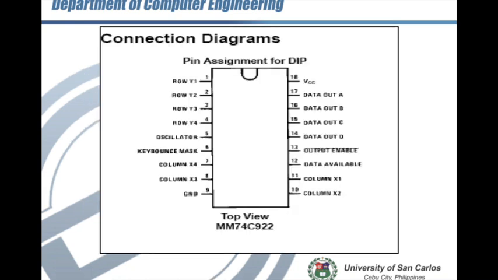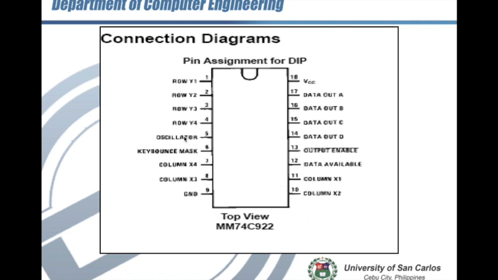So this is the pinout of the 74C922. It has a total of 18 pins, and pins 1 to 4 are the connection to the rows of the keypad, while pins 7, 8, 10, and 11 are for the columns.